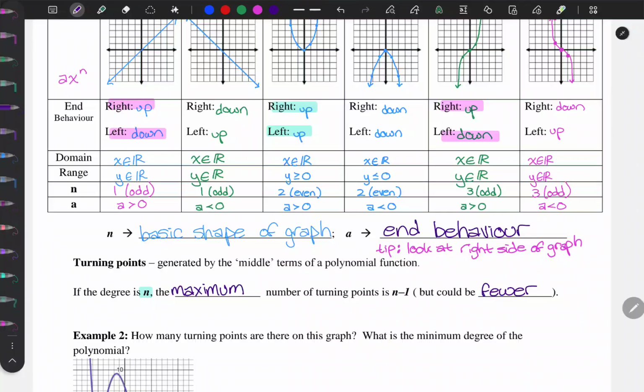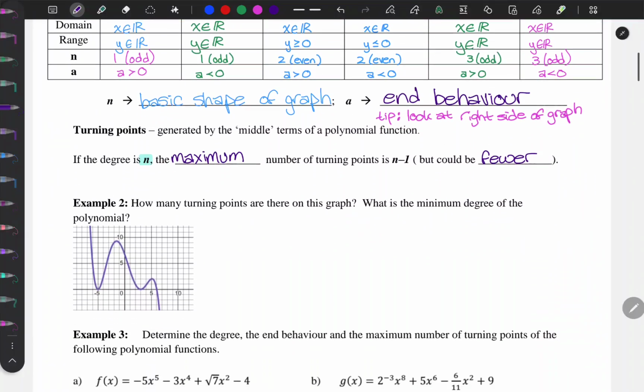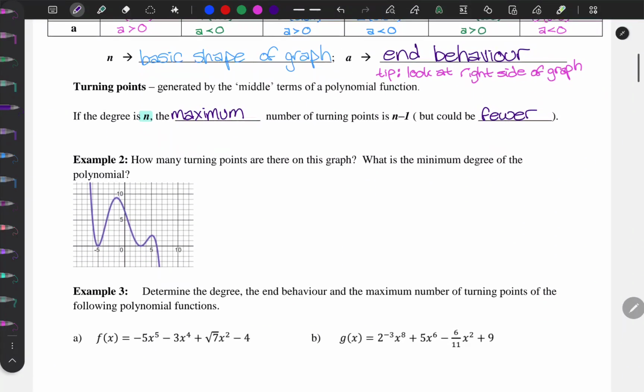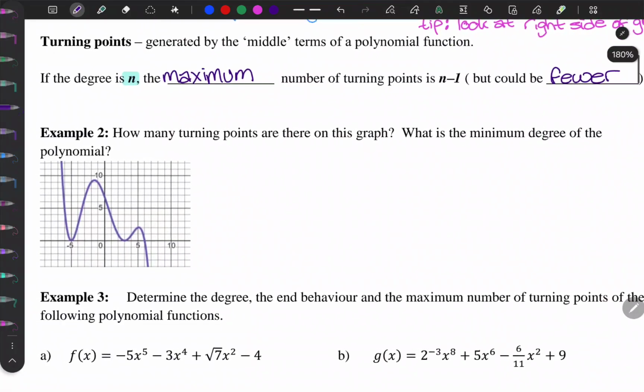Let's look at an example of this. So we'll take an unknown polynomial function, for example 2, and let's start by counting how many turning points are there. We have 1 over here, 1 over here, 1 over here, 1 over here. We have 4 turning points. That tells us, for example, we know this is not a cubic because a cubic has a maximum of 2.